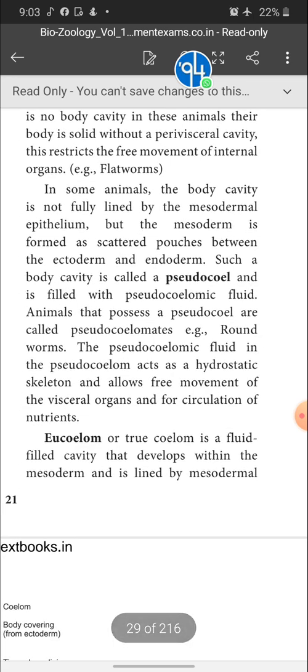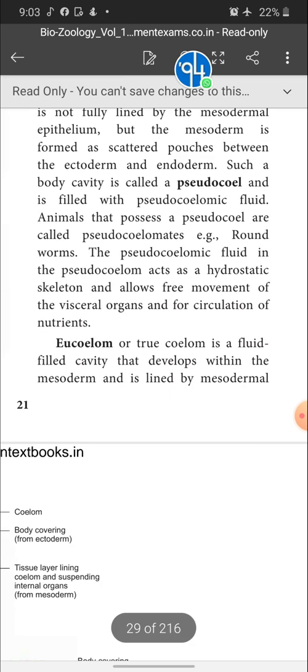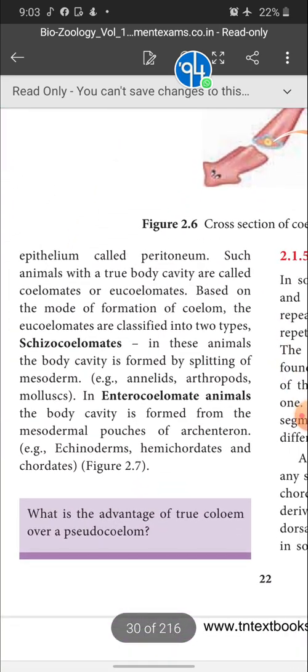Next one is eucoelom or true coelom. It's a fluid filled cavity that develops within the mesoderm and is lined by mesodermal epithelium called peritoneum. Such animals with a true body cavity are called coelomate or eucoelomate.